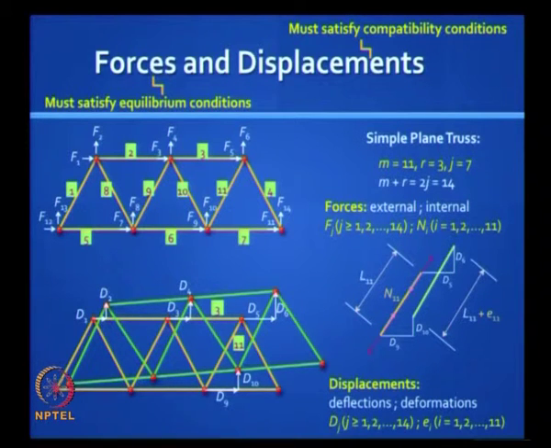To begin, this slide shows what we mean by coordinates, how we use these coordinate indices to identify external joint forces and joint displacements. Fj and Dj are the respective joint forces and joint displacements in a truss at the pin joint.